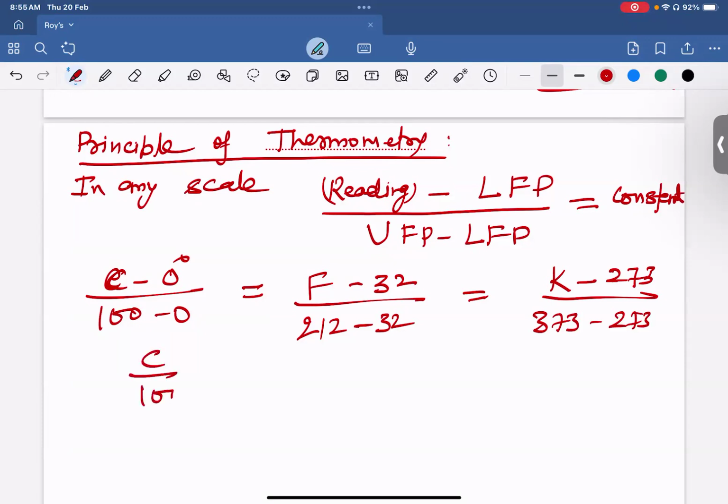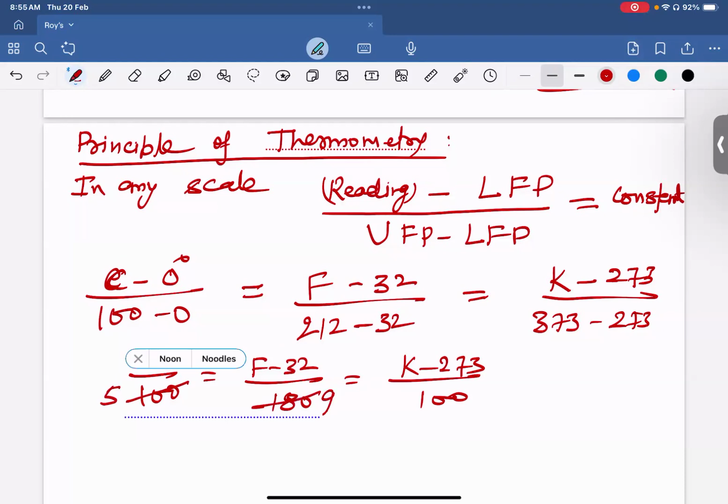C by 100, this is F minus 32 by 180, and this is K minus 273 by 100. You can also simplify this 20 times, 20 times.